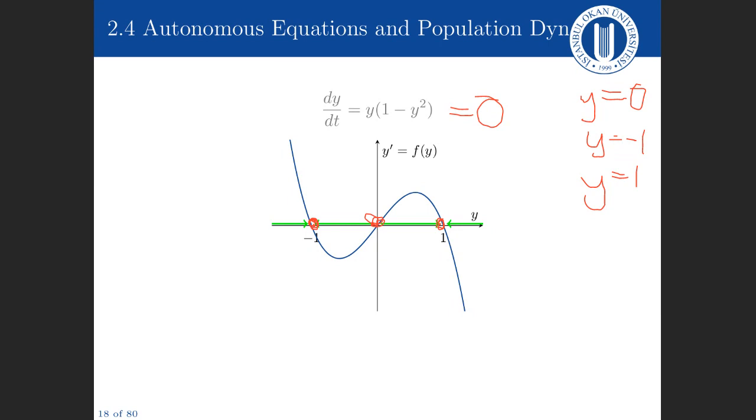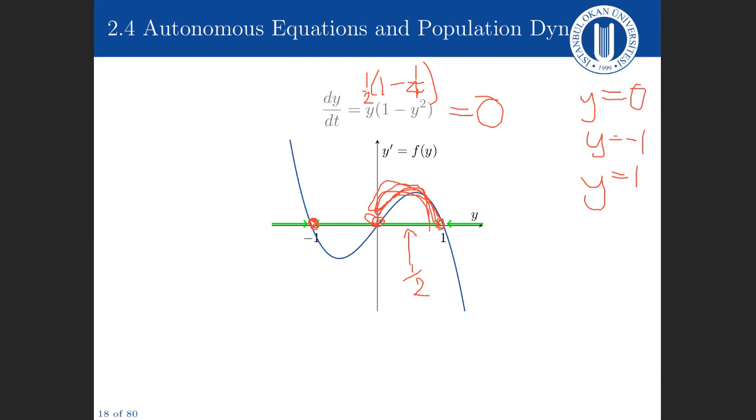We can then look at the value of our function between these. For example, let's suppose we look at a half. Put a half into the equation: a half, and then 1 minus a half squared, or 1 minus a quarter. Is this positive or negative? This is a positive number, so the graph must be positive between these two points.